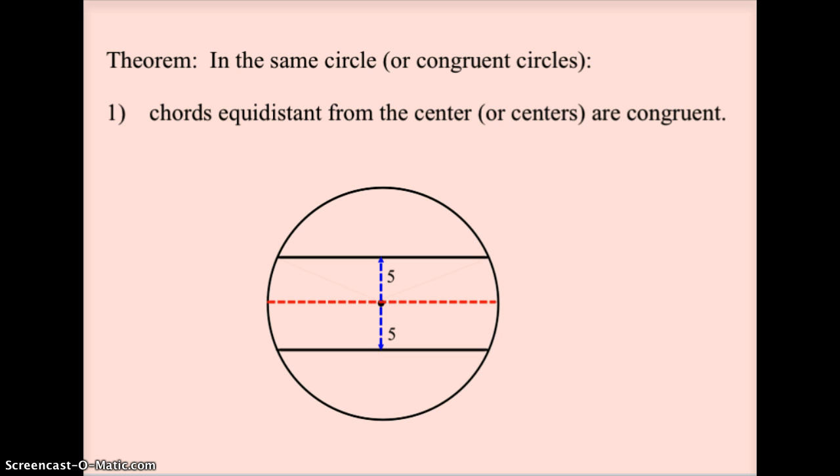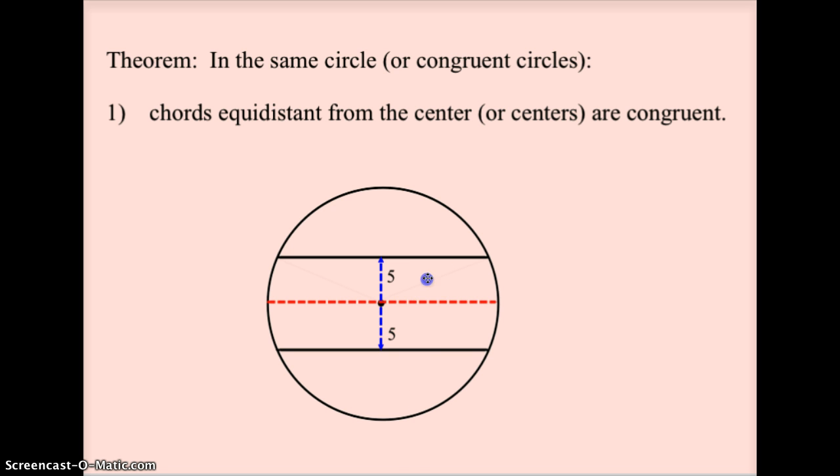Another theorem. In the same circle, or in congruent circles, chords that are equidistant from the center are congruent. So consider this chord and this chord. They are both 5 units away from the center. And you know that when we're talking about distance, we always talk about distance being the shortest line, the perpendicular line, from a point to the line.